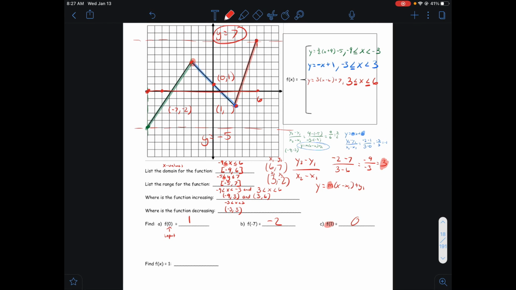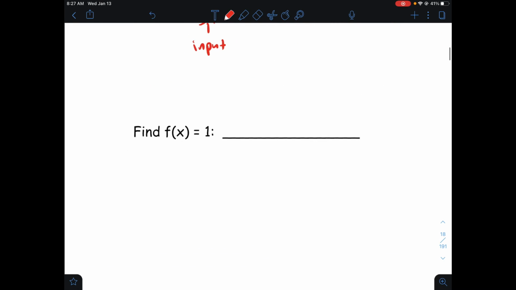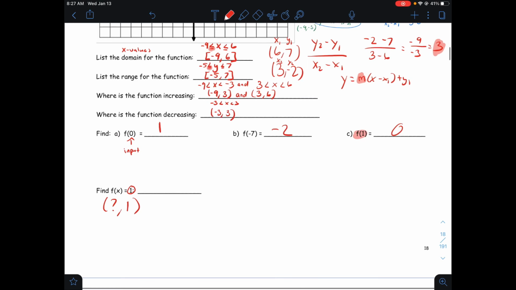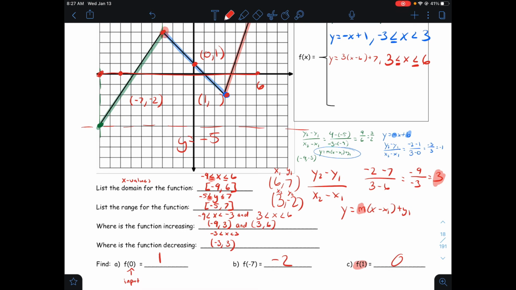Next, this last part, it says find f of x equals 1. So this is the opposite. Before, they gave you the x value and said, what's the y value? For this problem, they're giving you the y value. They're saying, what's the x value? So if we look, when your y value is 1, what is your output?